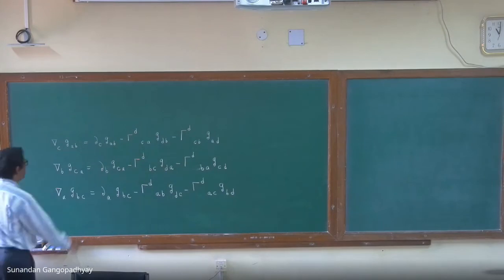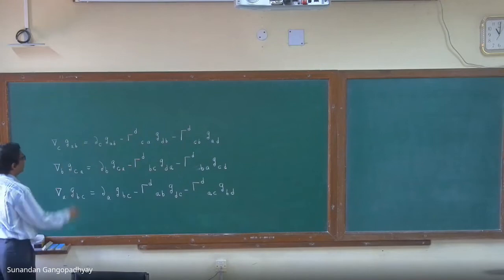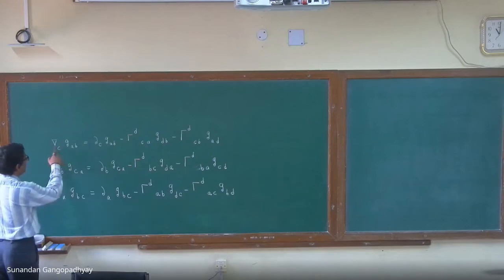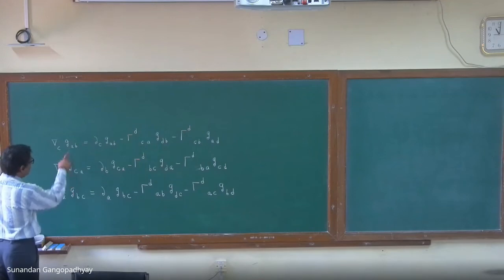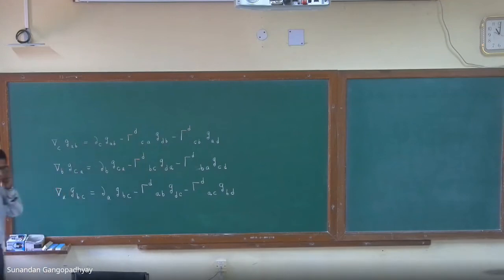Why did I write down these three relations? If you note carefully, this is grad C g_AB, and now you just use cyclically, you replace the indices. So the next one is grad B, so B comes here, C goes here, A just shifts, and the next one is A, B, C. So it has been written in a cyclic form.